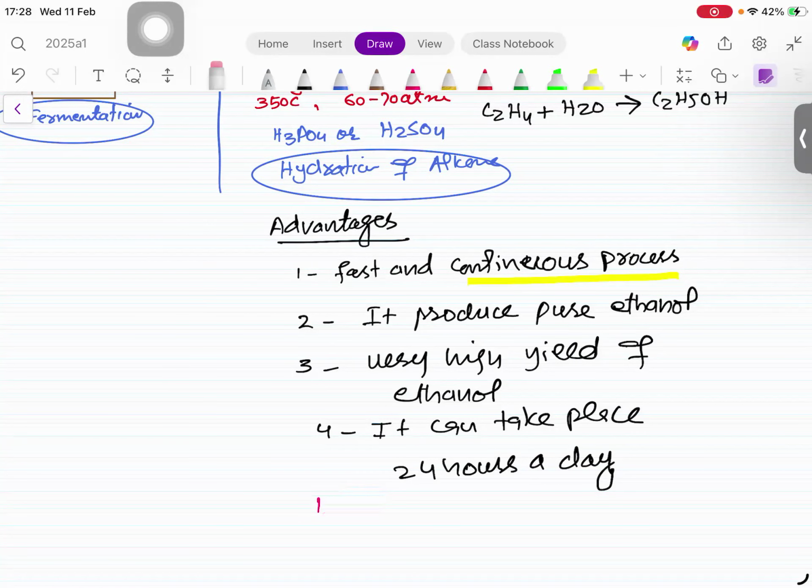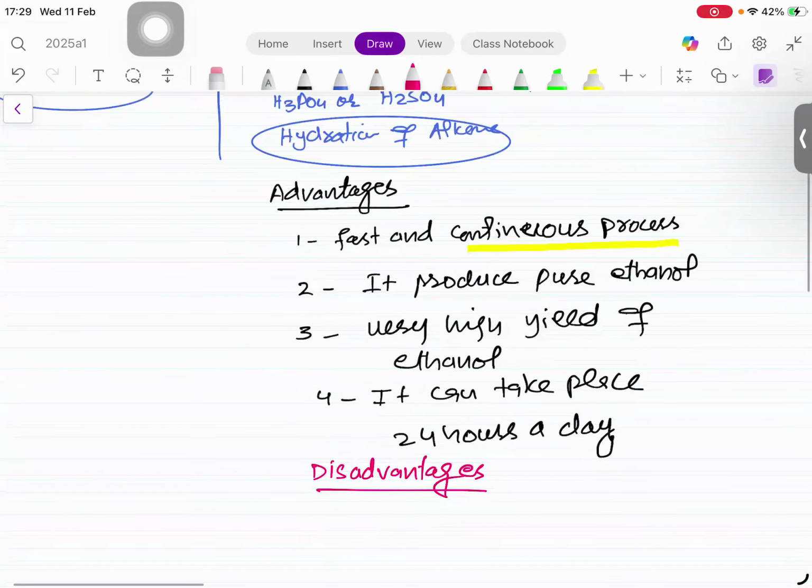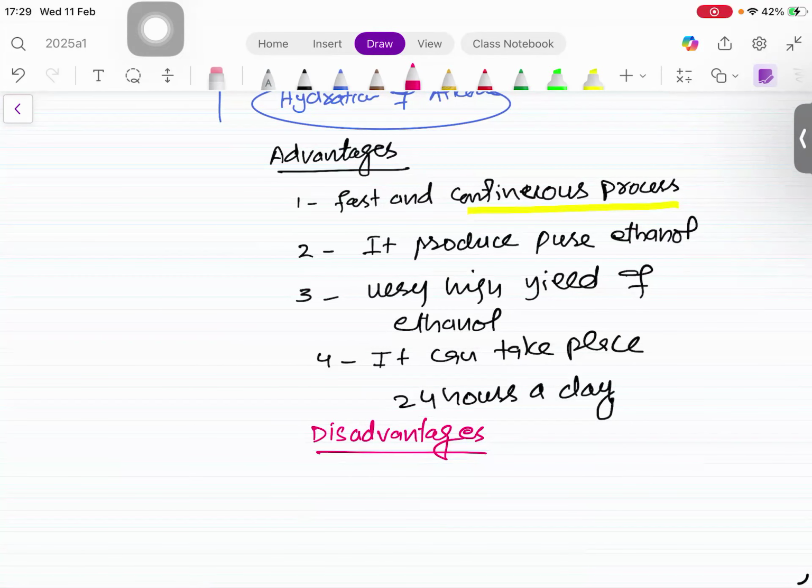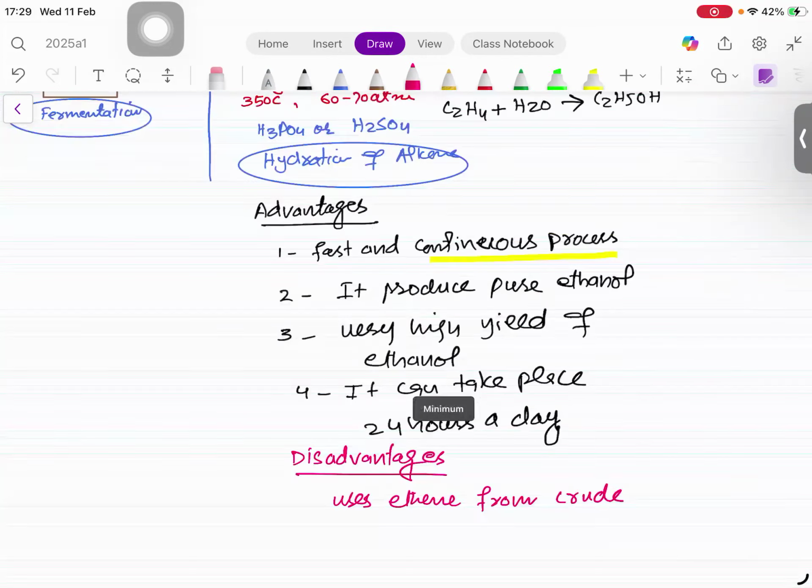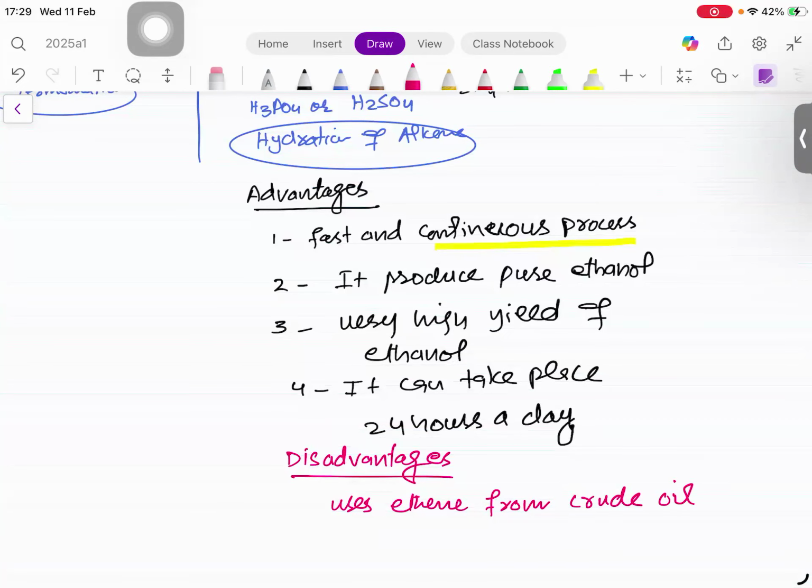Disadvantages of this process. Preparing alcohol by this process has some disadvantages. It uses ethene from crude oil, which is a non-renewable energy source.